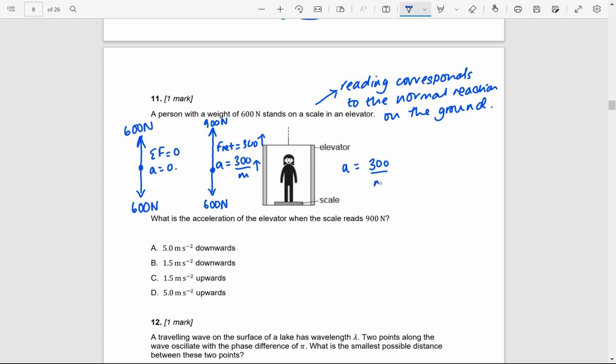If we assume that g is 10, the mass is 60 kilograms. 300 divided by 60 is 5 upwards. So the answer is D.